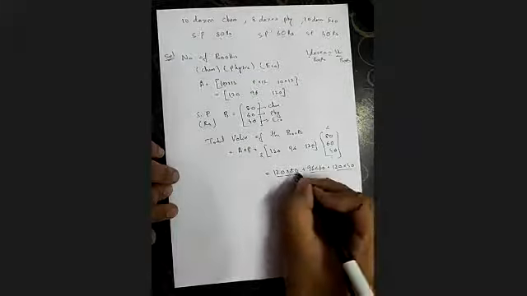So multiply 120 into 80, what will it be? 120 into 80 will be 9600.